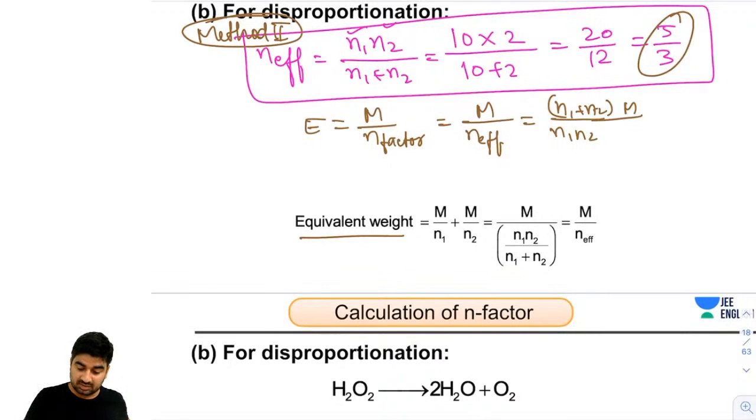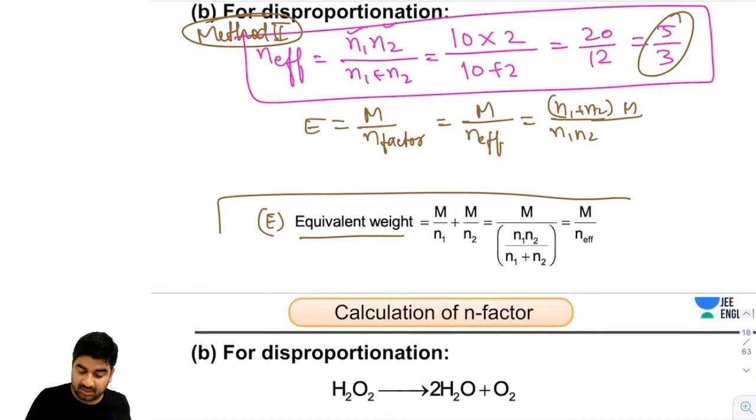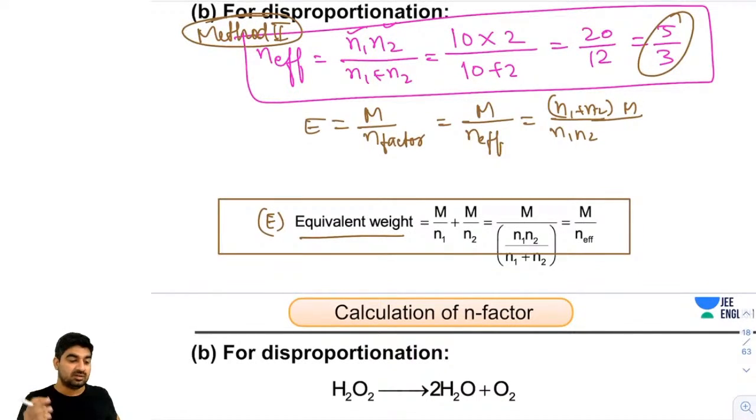So guys, this is the way to calculate equivalent mass when you are dividing molar mass by n factor. Tell me, when you are dividing it by n factor. Any doubt? No doubt.